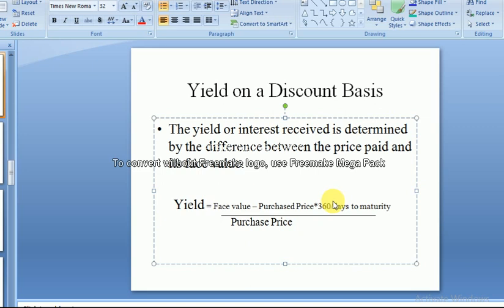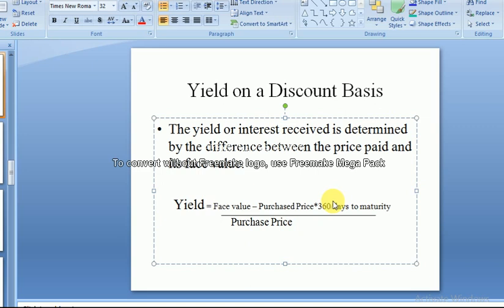Discount yield is commonly used to calculate the yield on municipal notes, commercial papers, and treasury bills sold at discount prices.